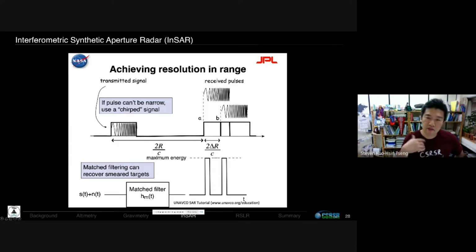So basically, the modulation of the frequency lets the sensor know when the sensor sent out the signal, or whether the front part comes first, or the behind part comes first. So it can enhance the resolution in a certain pulse. This is called a chirp signal. So it tries to increase the resolution in the distance measurement.